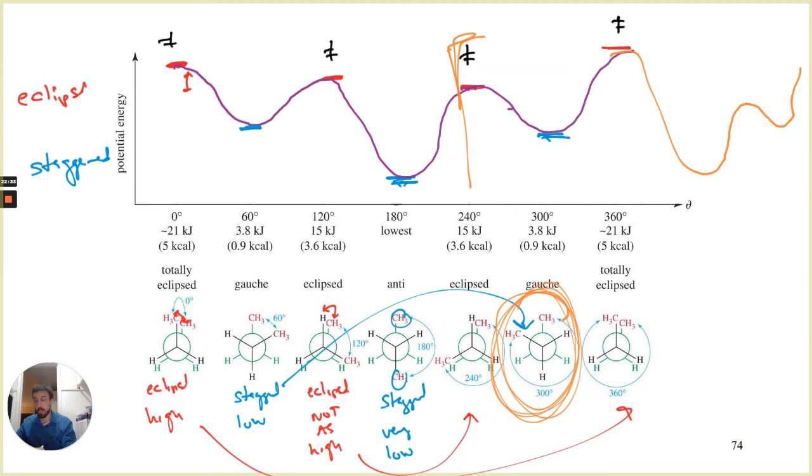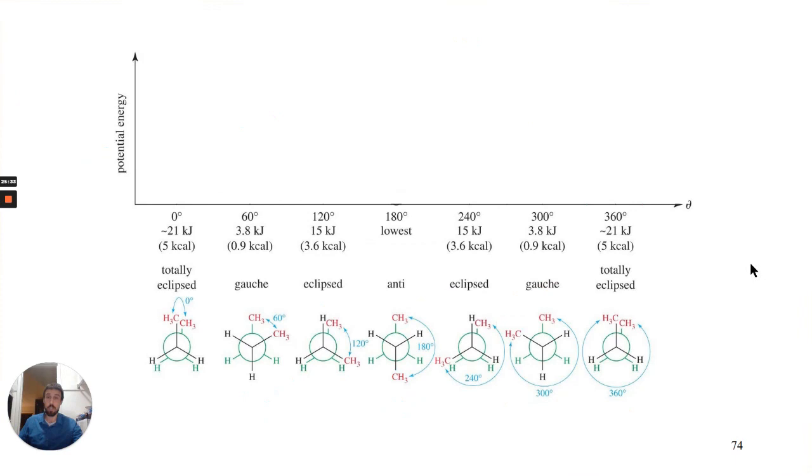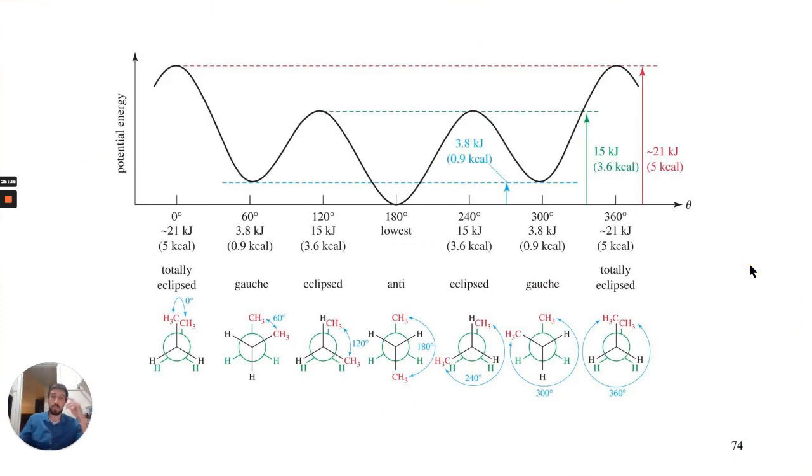I did a horrible job on that. Okay, this is why drawing in those energy minimums and maximums would help. Okay, so you're just shifting where your focus is within this. The absolute energy values within this I don't care about, so don't stress about those. Okay, we could go through and look at those.